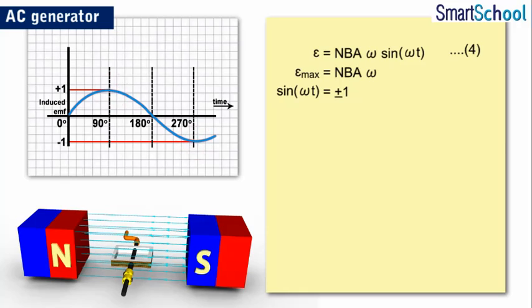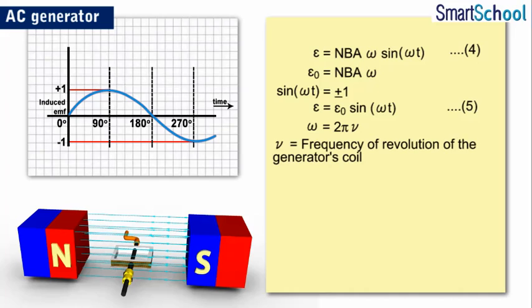Let us denote the maximum EMF, NBA omega, as E0. Then, the instantaneous EMF is E is equal to E0 sin omega t. Let us label this as equation 5. We know that omega is equal to 2 pi nu, where nu is the frequency of revolution of the generator's coil.